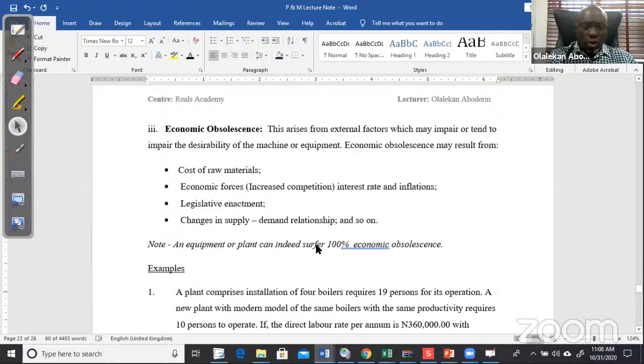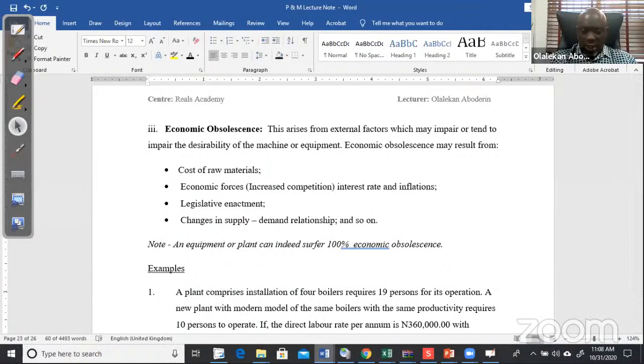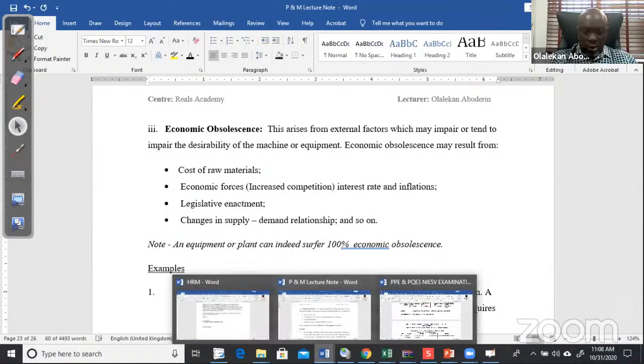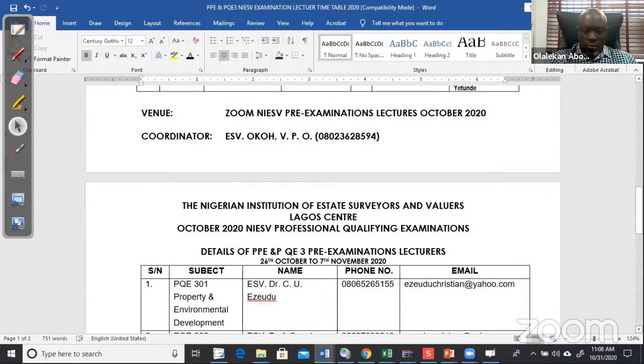Okay. So if you have that, then you can conveniently fix it up. Do you see my screen? Can you all see my screen?